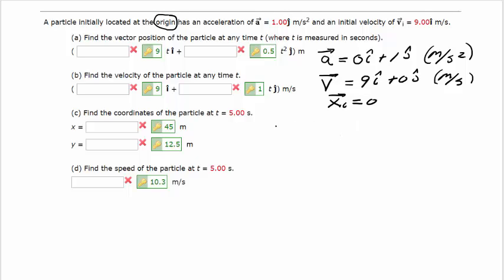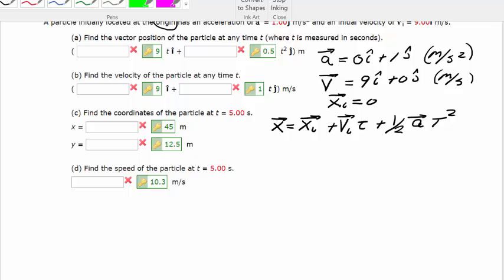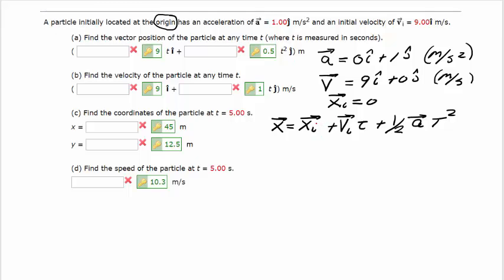So our kinematic equation is going to be x is equal to x initial plus our initial velocity times t plus 1/2 times our acceleration t squared. We know in all cases, whether we're going in the i hat or the j hat, that this is going to be 0, because we're starting at the origin.